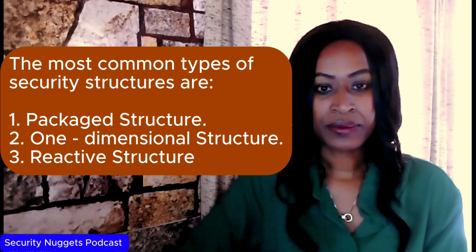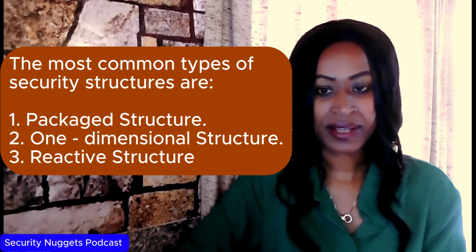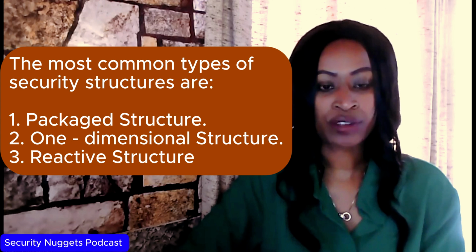Now, there are a lot of factors that influence the formation of the different security structures that we find in business organizations. For context purpose, and to help you understand our topic today, I want to highlight a few examples of some of those factors.